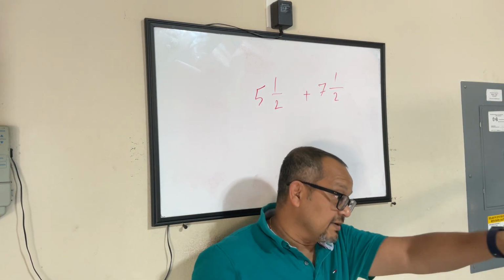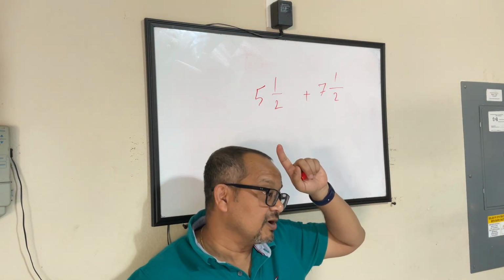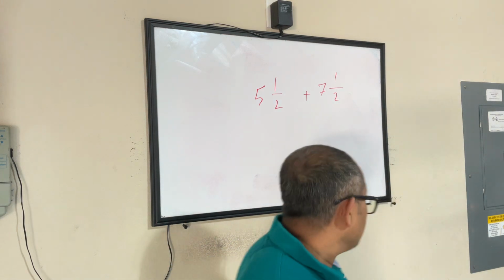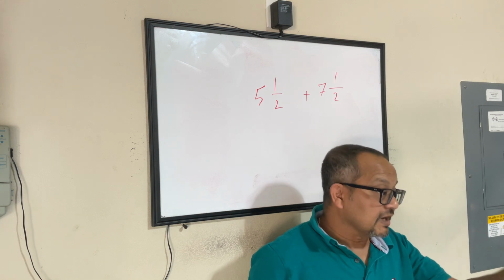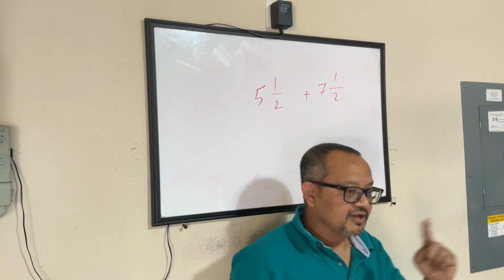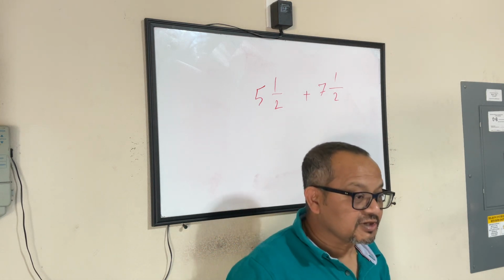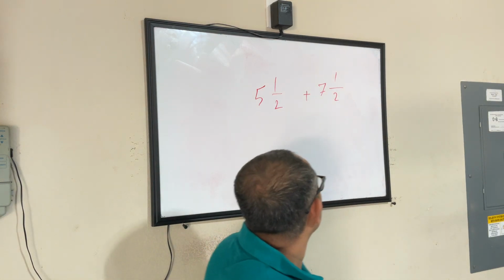Keep your answer ready. Without a notebook, if you are giving the answer, I'm pretty positive you'll be wrong. I'm saying 5 1 by 2 plus 7 1 by 2. Yeah, Aditi, what is your answer, beta? 11 1 by 2, sir.